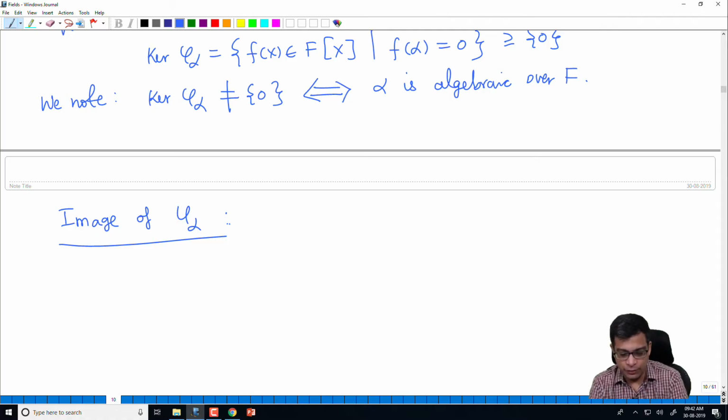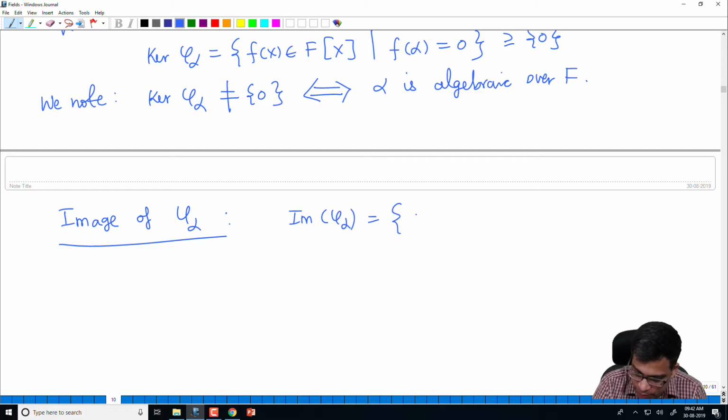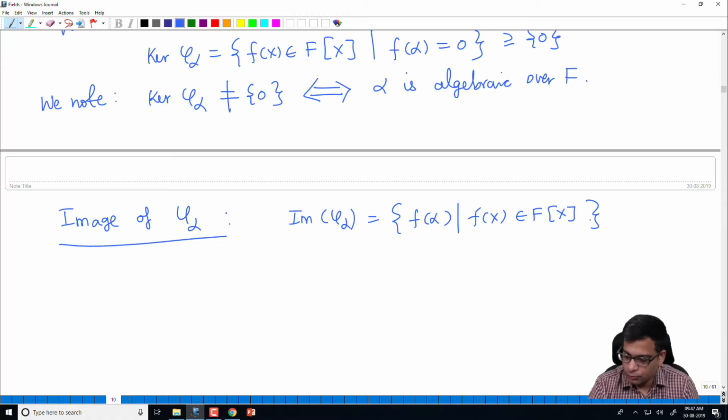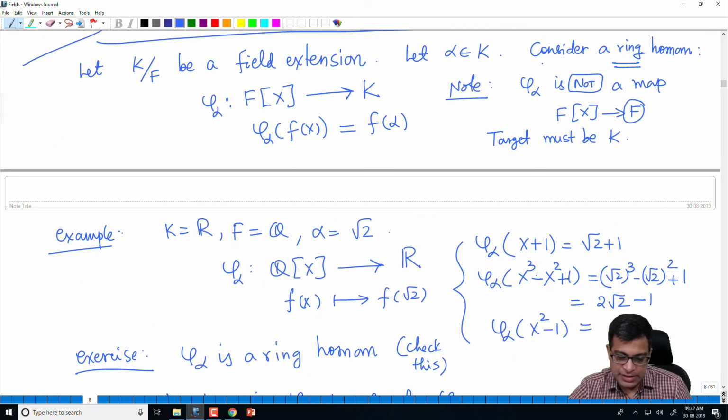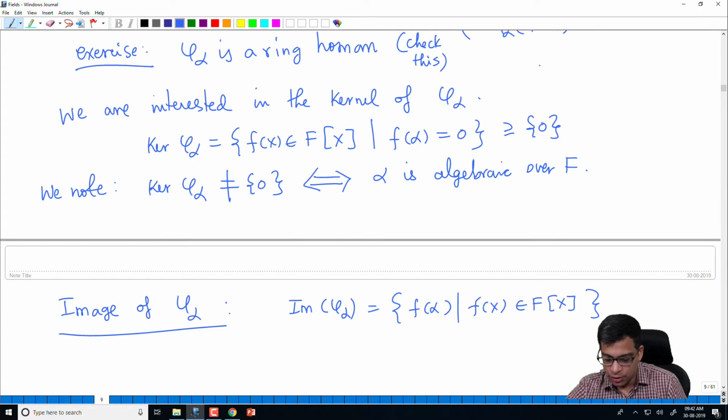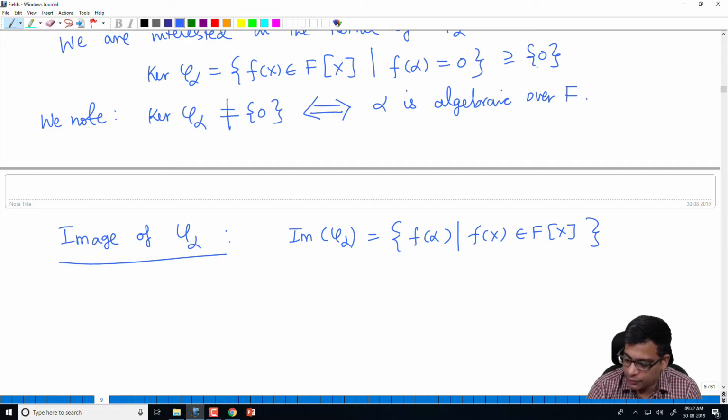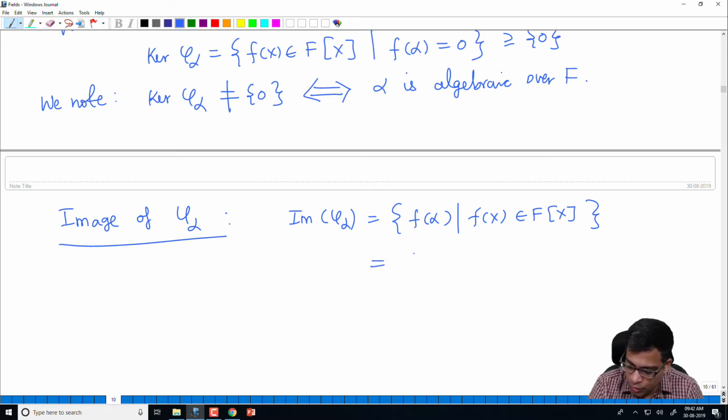The image of phi alpha is all elements which are of this form. I am just formally writing this, right? Because phi alpha sends f(x) to f(alpha). So if you take f(alpha) and vary f(x) in F[x], you get the image.